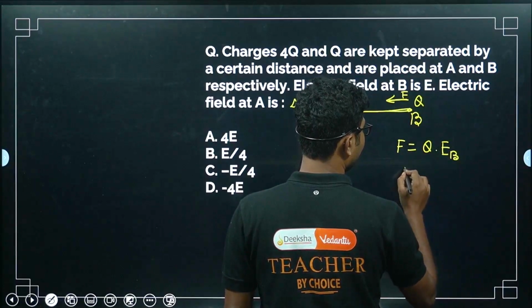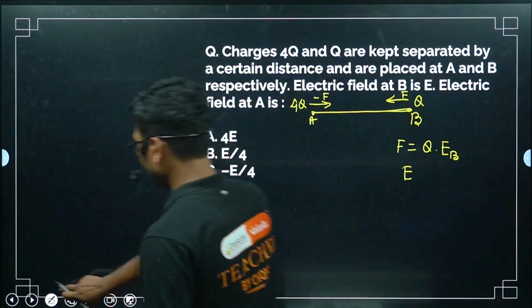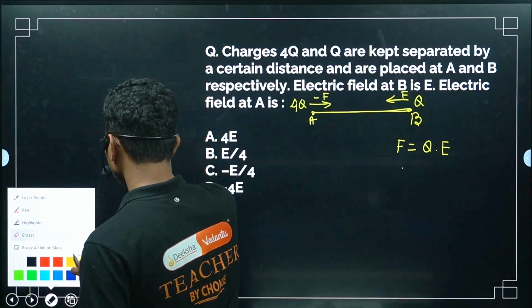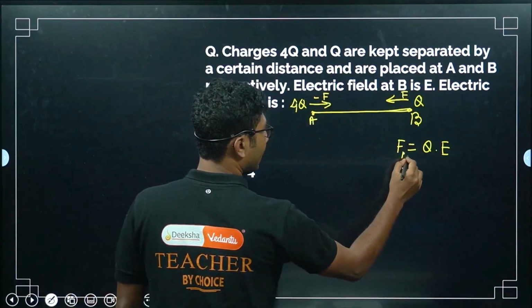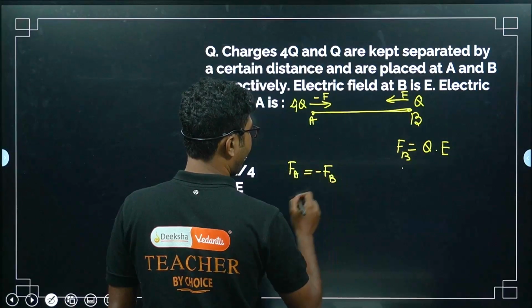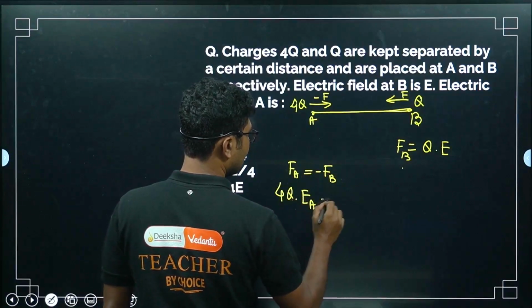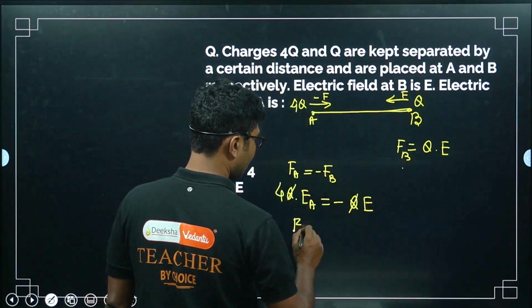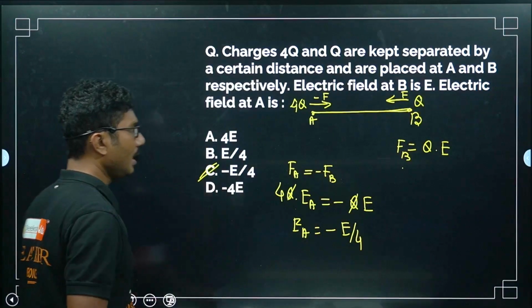The electric field is given as E, so the force is Q times E. The same force in magnitude, but in the opposite direction, is acting on the charge at A. So FA is minus FB. Now we know that FA is 4Q times EA, which equals minus Q times E. Q cancels, so EA is minus E by 4. So the correct answer is minus E by 4.